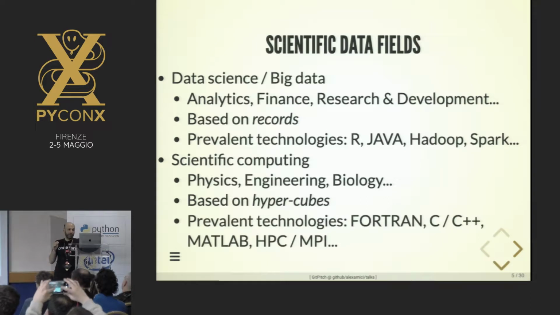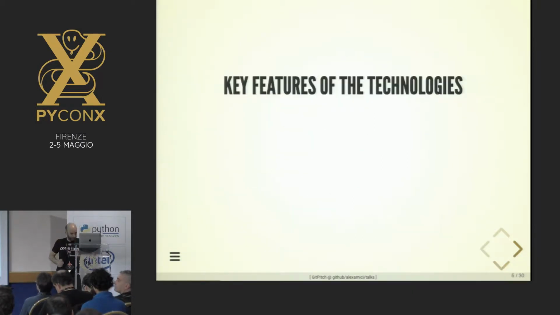In this case, prevalent technologies are low-level stuff like Fortran, C, and C++, in some cases MATLAB, and you go to the distributed part using high-performance computing and MPI, message passing interfaces. So quite a different set of technologies with respect to the first part, but these are everything that is outside of Python.